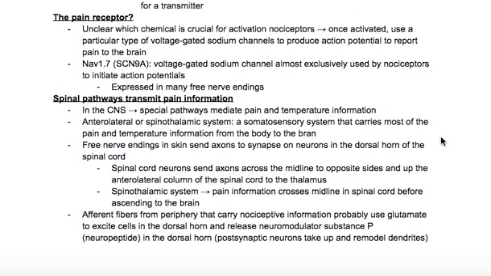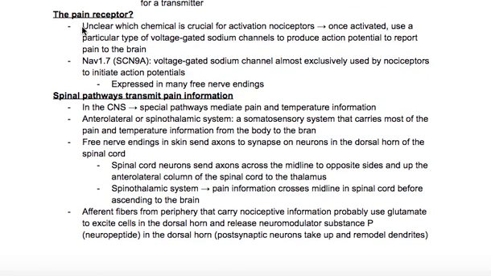The next section is The Pain Receptor. Overall, it's unclear which chemical is crucial for activating nociceptors because so many chemicals are released. But once nociceptors are activated, they use a particular type of voltage-gated sodium channel to produce action potentials to report pain to the brain.